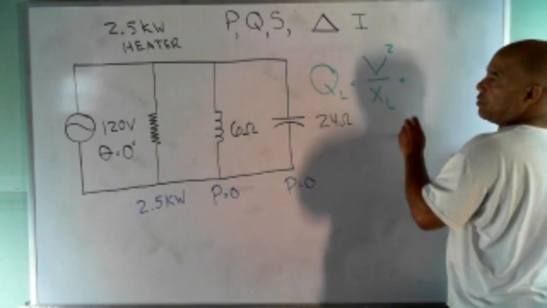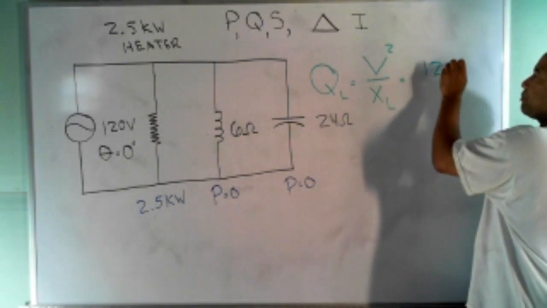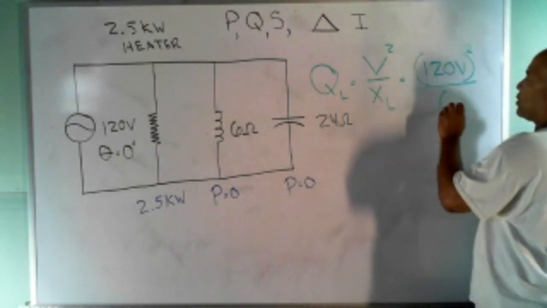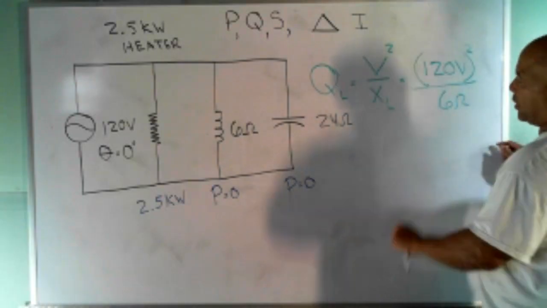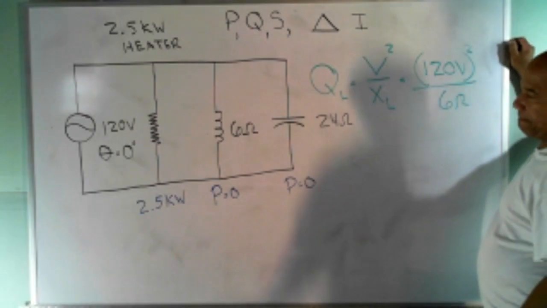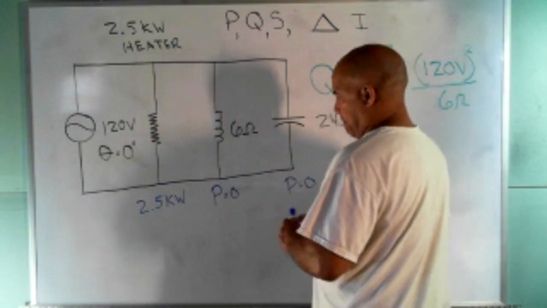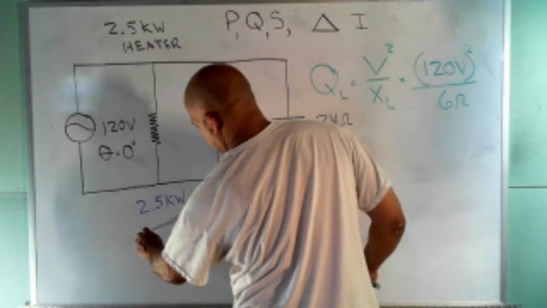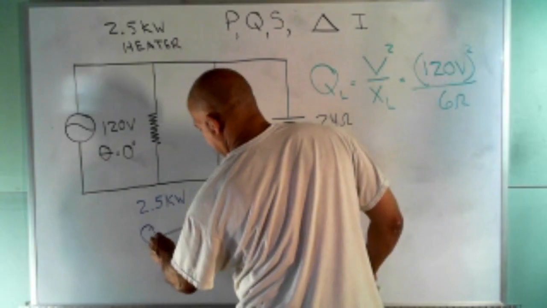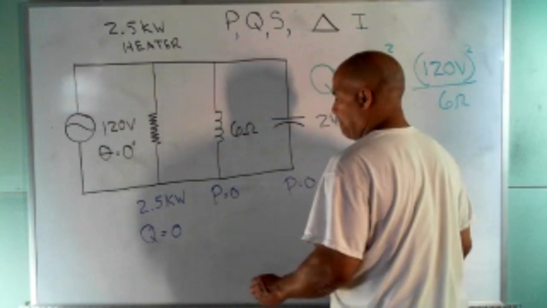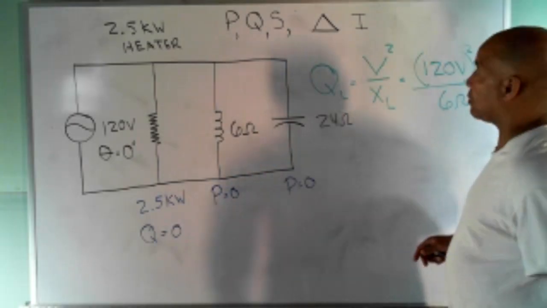So if I do my 120 volts squared over my reactance of 6 ohms, somebody let me know what you get for that. 2,400? What'd you say, 2,400? Yes.